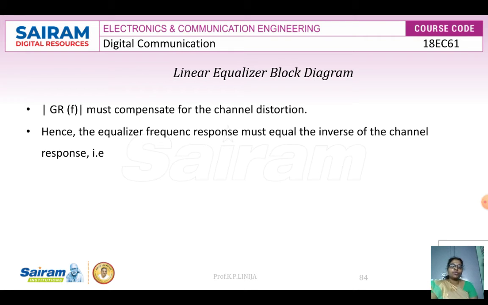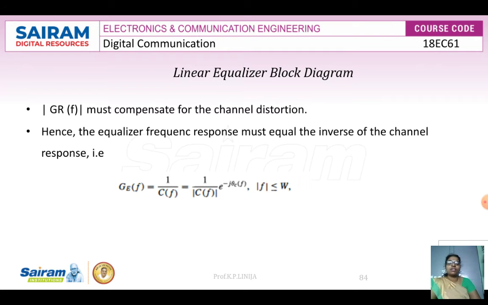Let us write the mathematical expression: GE of f is the equalizer frequency response. So GE of f is equal to 1 divided by C of f. It should be equal to the inverse of the channel response. The channel response is C of f, therefore the inverse of the channel response is 1 by C of f.